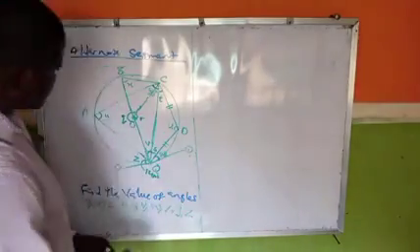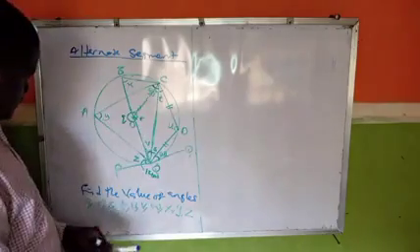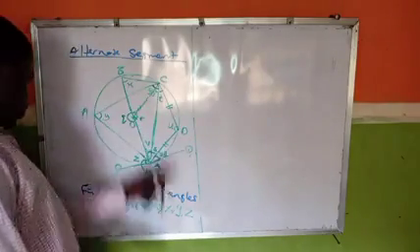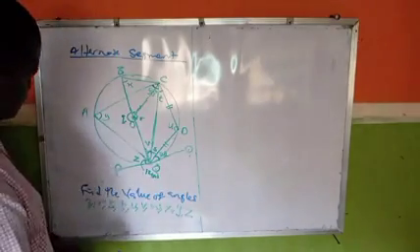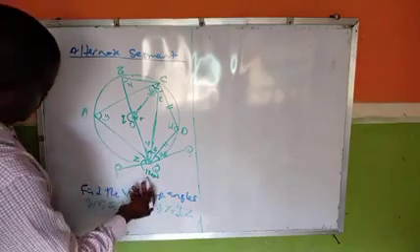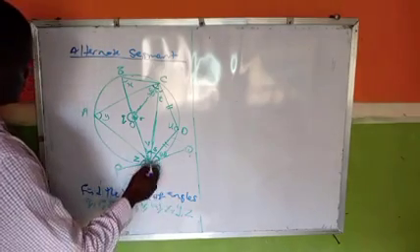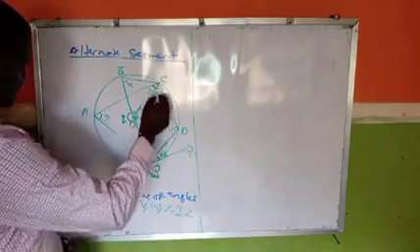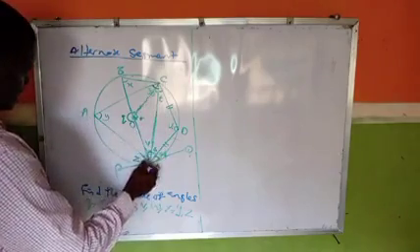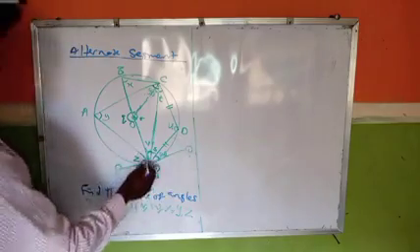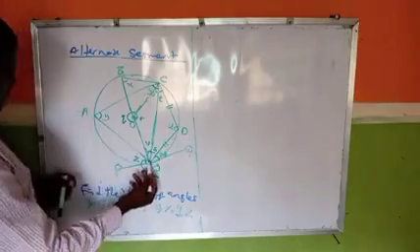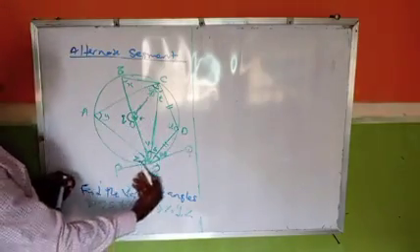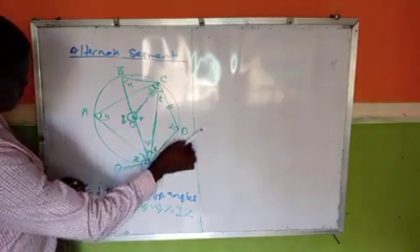Now look, this is what we are given. Then you have to calculate all these angles. The first thing you are going to look at is this angle here. Here you have a chord of a circle. Here is the tangent. This one here is a major segment, and this is the minor segment.